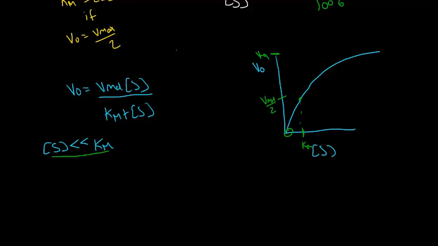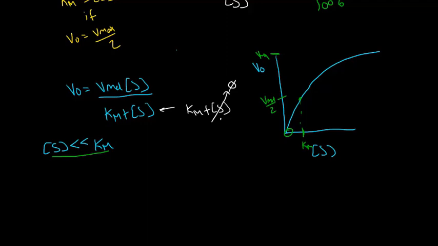To answer this question, let's look at the Michaelis-Menten equation and note that on the bottom we have Km plus the substrate concentration. Under these conditions, where the substrate concentration is much, much lower than Km, Km plus something that's really small is essentially Km.